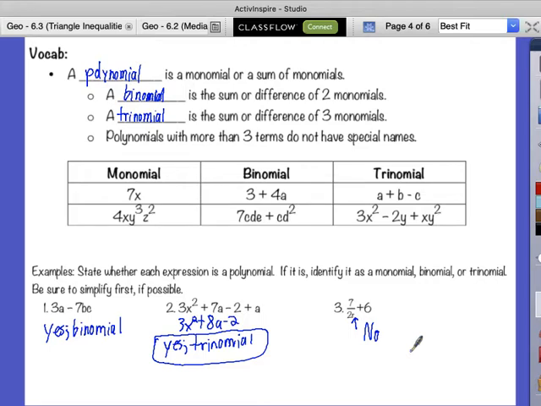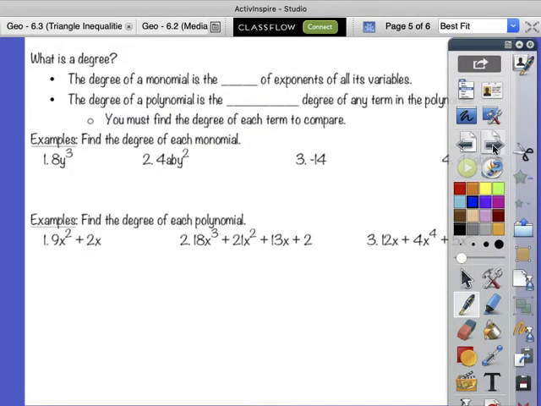So this one is not a polynomial. Questions on that? It'd be very tempting to say, oh, it's a binomial. But be careful, because for it to be a polynomial, it has to be made up of monomials. And this 7 over 2r is not a monomial. Question on that?